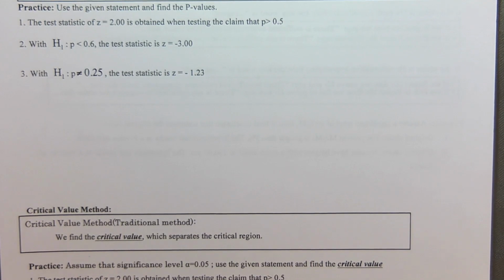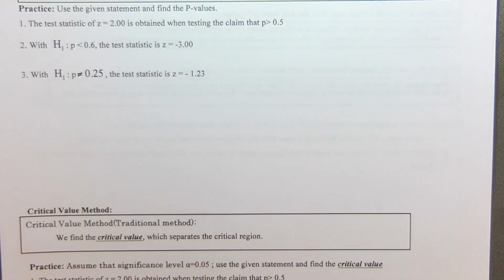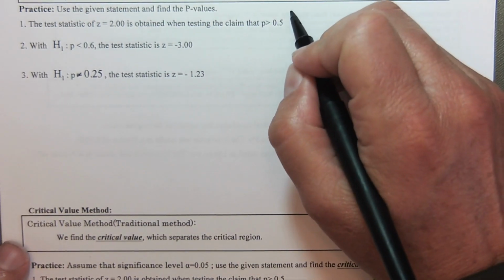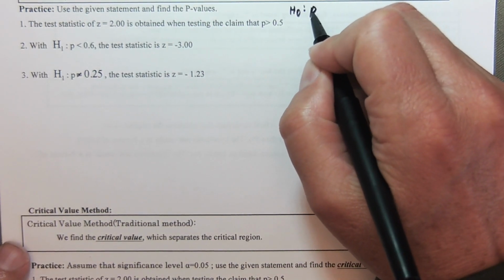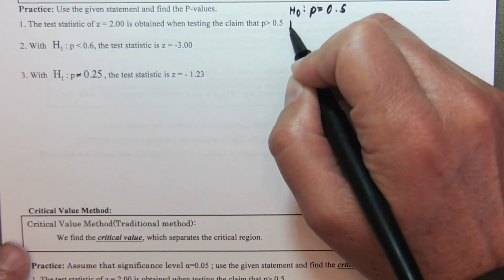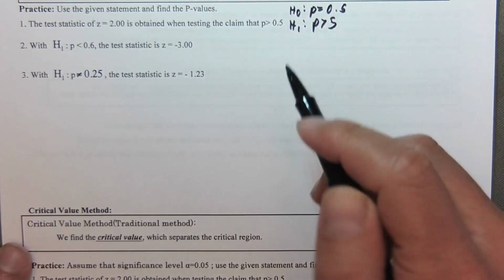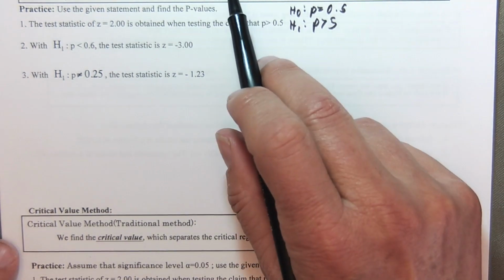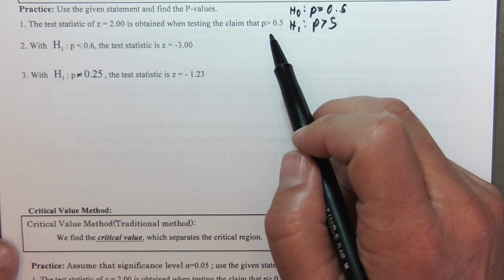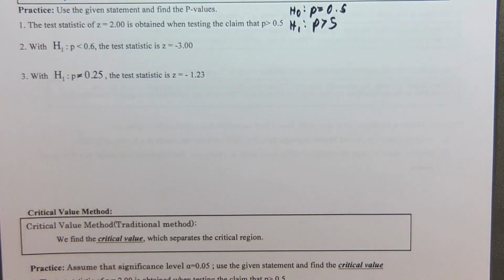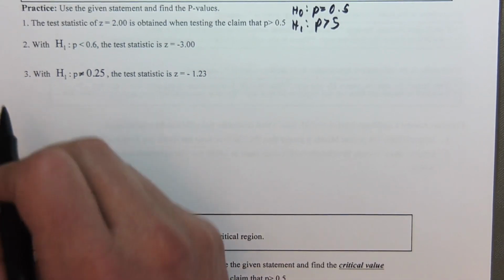All right. Use the given statement to find the p-values. The test statistic is 2, obtained when testing a claim that p is bigger than 0.5. So this means that the null hypothesis is p equals 0.5. The alternative hypothesis is that p is bigger than 0.5. That is going to be a right tail test because it's greater than. You can see that there. So take this down here, so this will be 1.